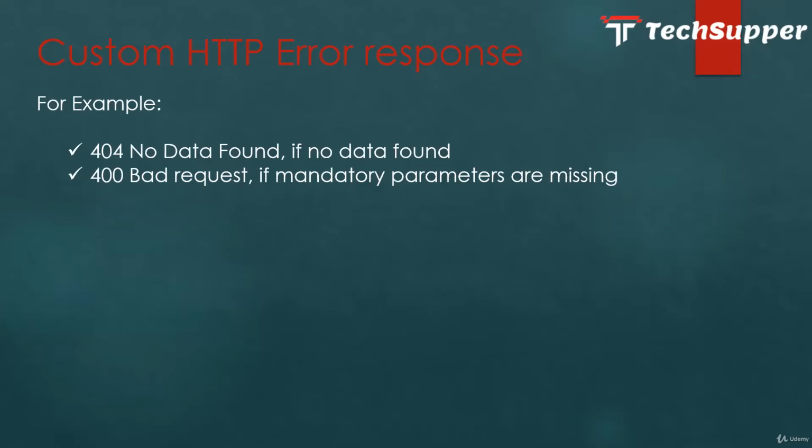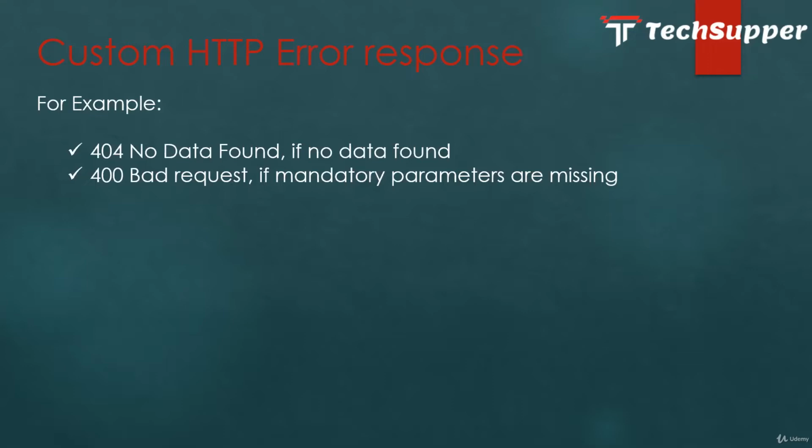So there are two types of situations. One, that the ID is not passed. The second is if ID is passed but data is not found against that ID, then you can handle this situation in two manners. First, you have to check if the mandatory parameter is missing, like ID. If it is missing, then you can send 400 bad request error, like mandatory parameters are missing.